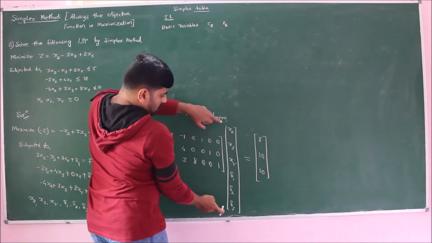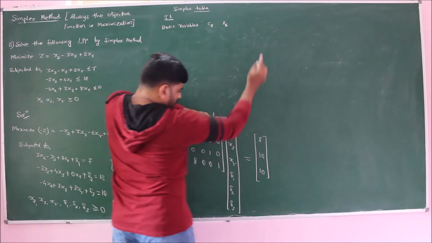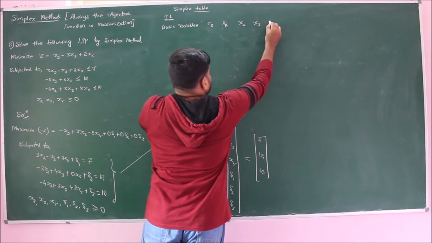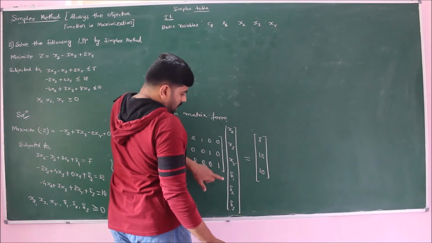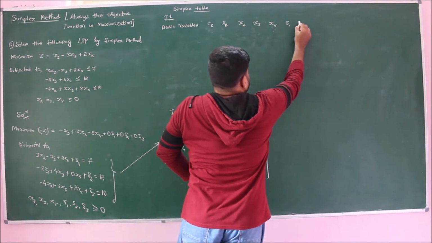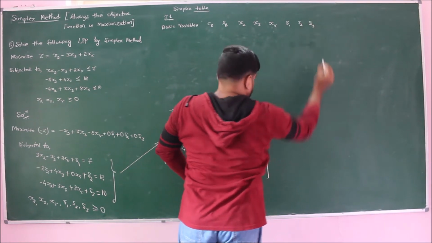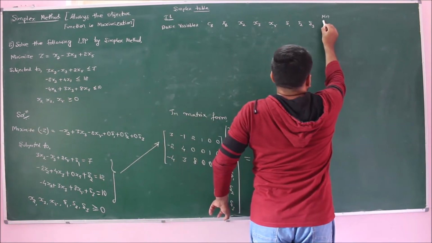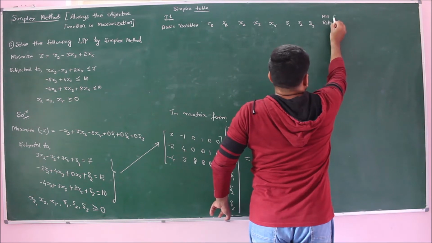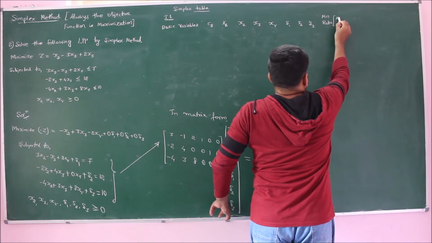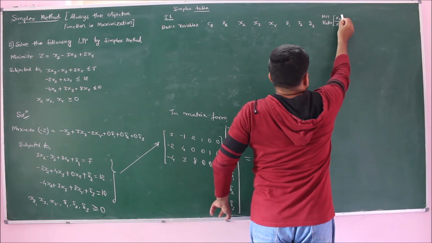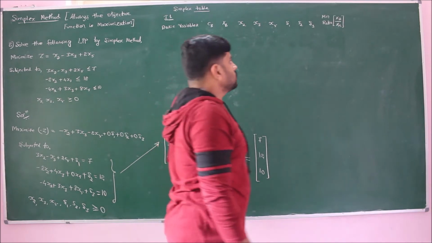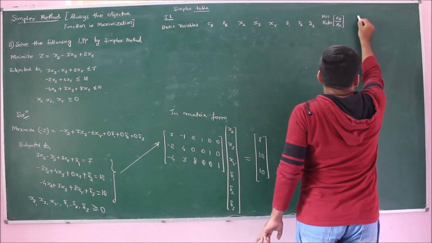Now the variables are x2, x3, x5, s1, s2, s3, and I should calculate the minimum ratio of xb by xk, that is the column corresponding to the most negative value, and finally we have the row operation.